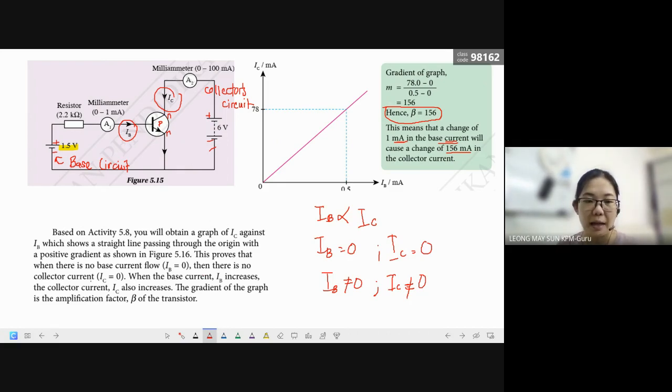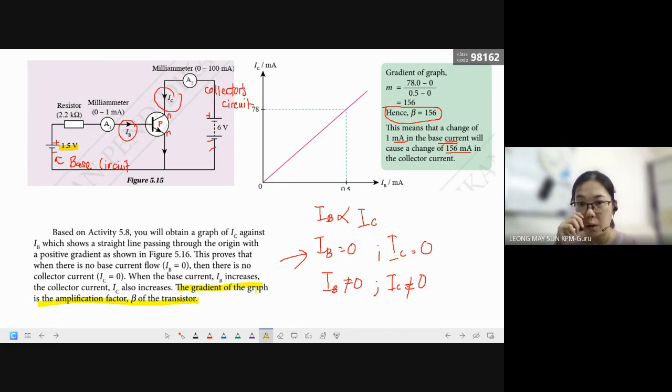This proves that when no base current flows, IB equals 0, there is no collector current. When the base current increases, the collector current also increases. Hence, the gradient of the graph is the amplification factor of the transistor. So please do take note, highlight, underline, or write it out somewhere.